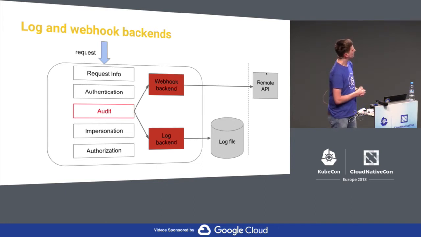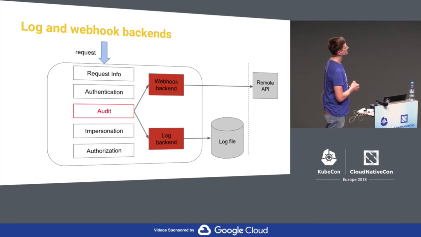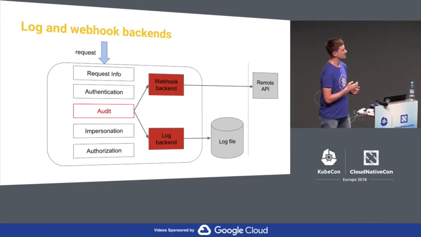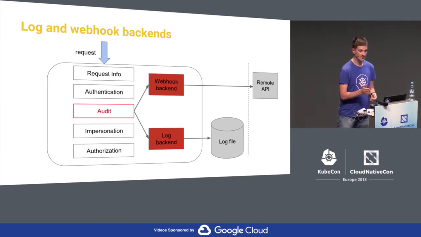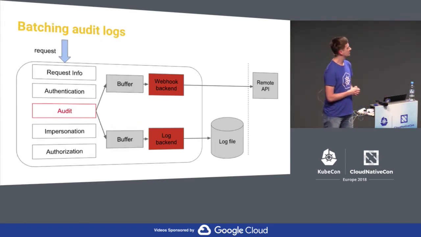Another important point about this diagram is that it's a blocking way of writing audit logs, which means that if you have some audit log pending, then you're not going to proceed with the request until it's written to the log file or remote API. If you don't need it, then you can use a batching strategy.